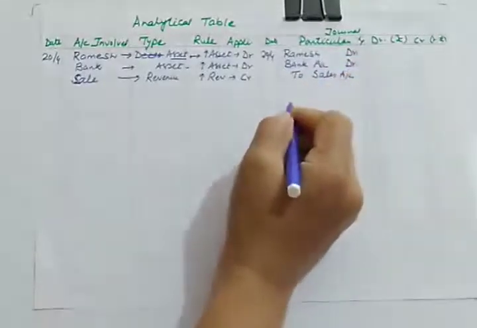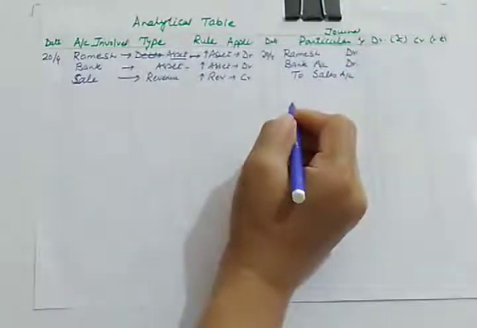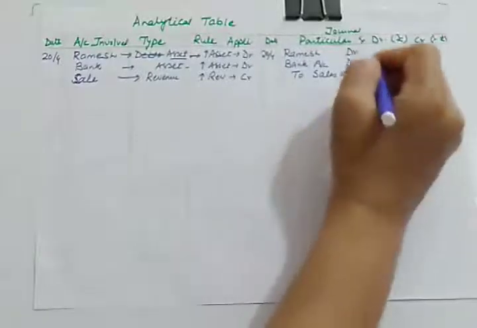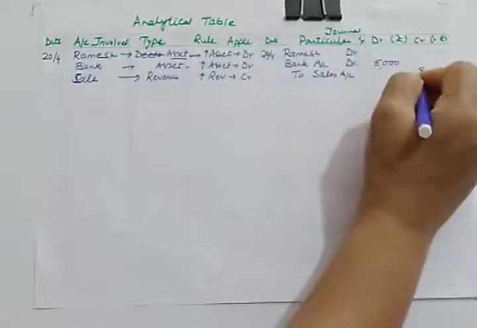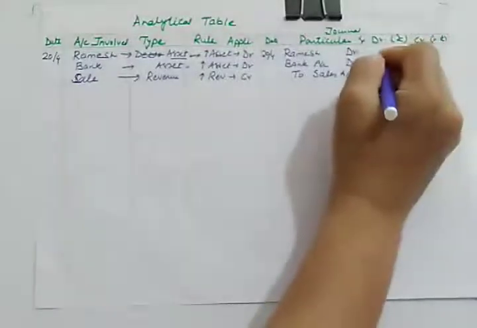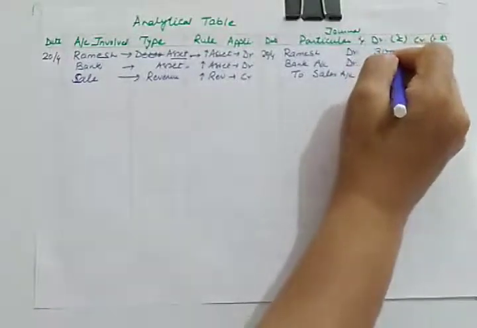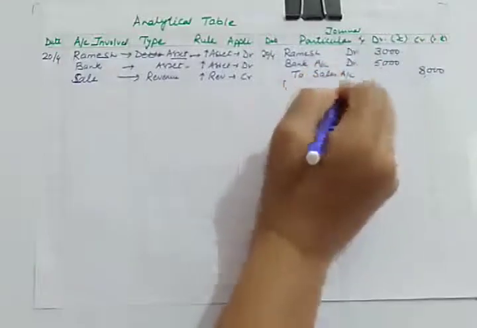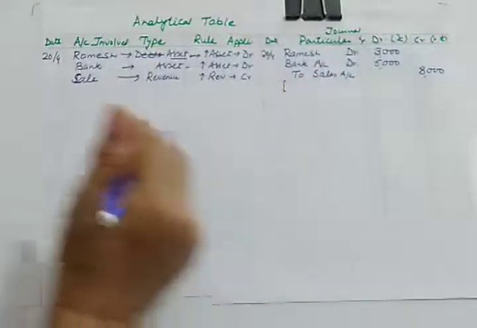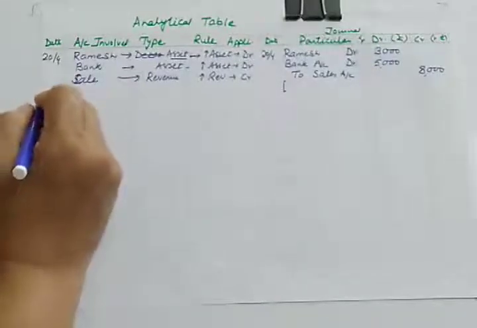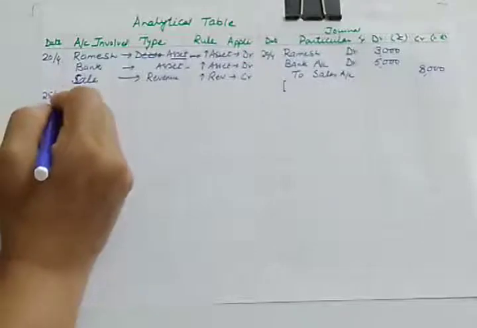So Ramesh debit, how much cash he is paying? 5,000 check, not cash. He is paying a 5,000 check immediately, and the total sale was 8,000. So still left is 3,000, and you can mention being goods sold to Ramesh and partial money is received through check. Now the next one is on 25th April.